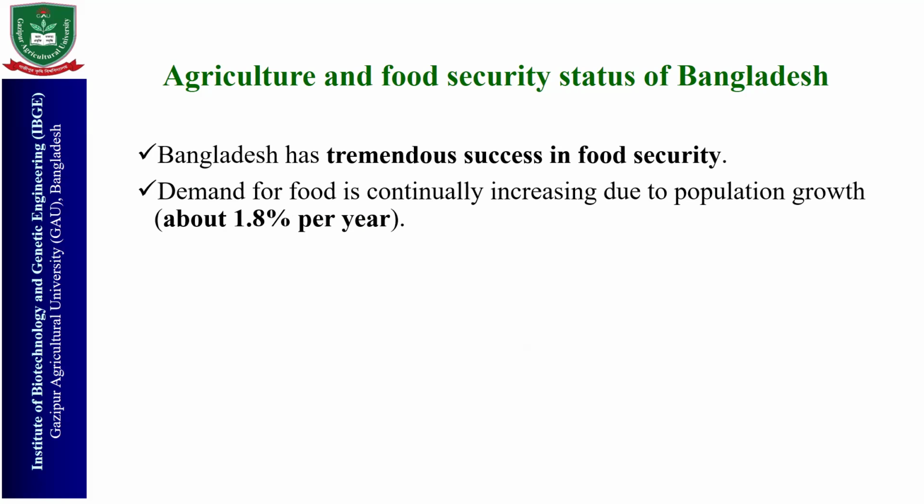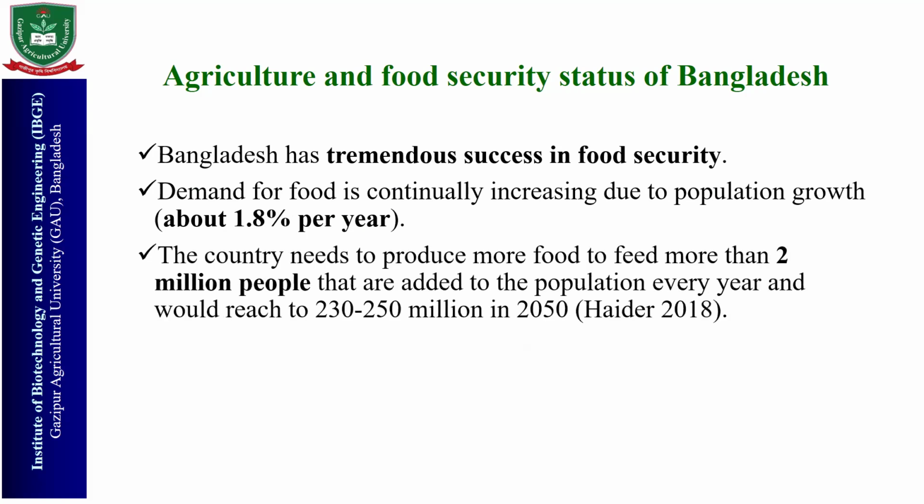due to population growth. As I mentioned before, every year 2 million new faces are joining our population, and it is estimated that by 2050 our population will be between 230 to 250 million, that means 23 to 25 crore.